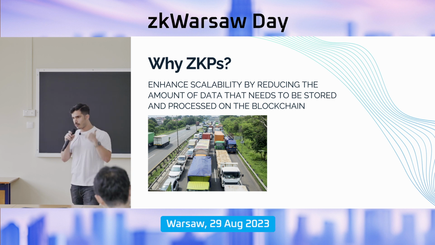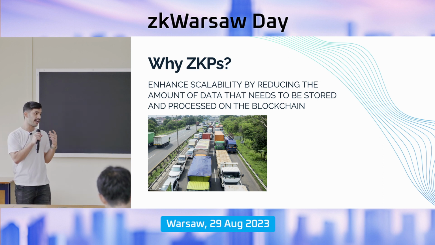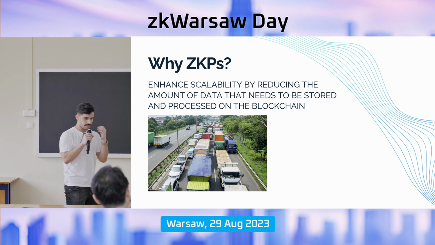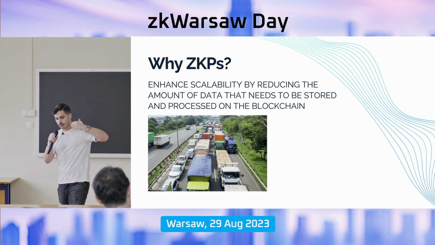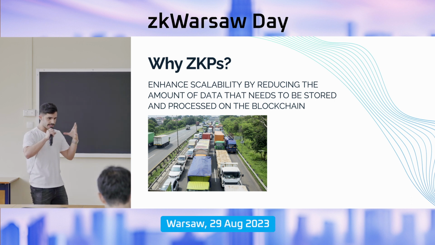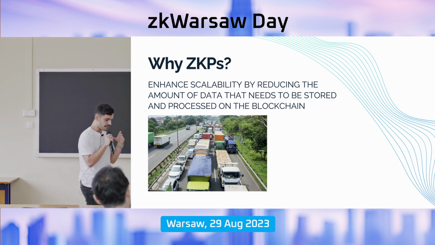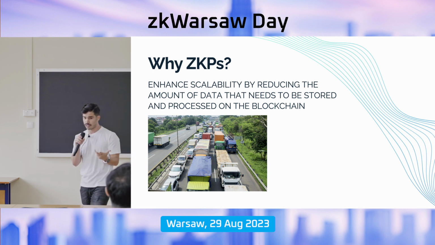You can get from point A to point B in a very secure and decentralized manner, but not in an efficient manner. Why? Because during rush hour, or during most of the day, there's a lot of cars, a lot of vehicles going from point A to point B, a lot of congestion on this highway. So you have the security, you have the decentralization, but you don't have the efficiency. It cannot scale per se.